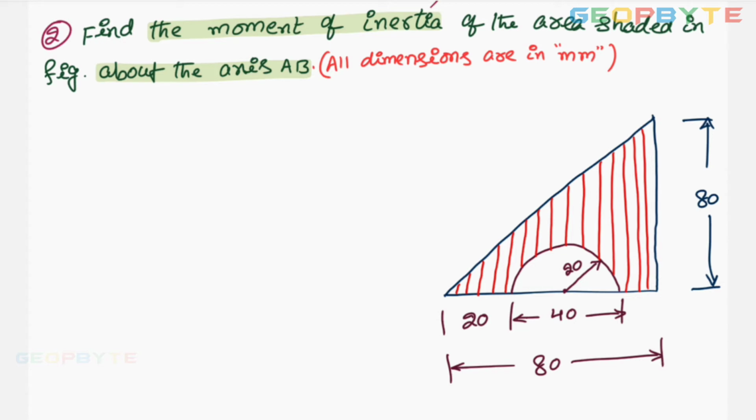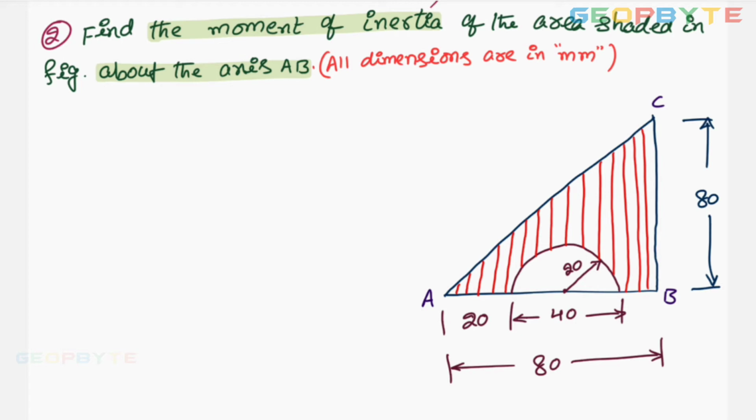You are asked to find the moment of inertia about AB. AB is not marked. Let me mark that AB. You are asked to find the moment of inertia of the shaded portion about AB.